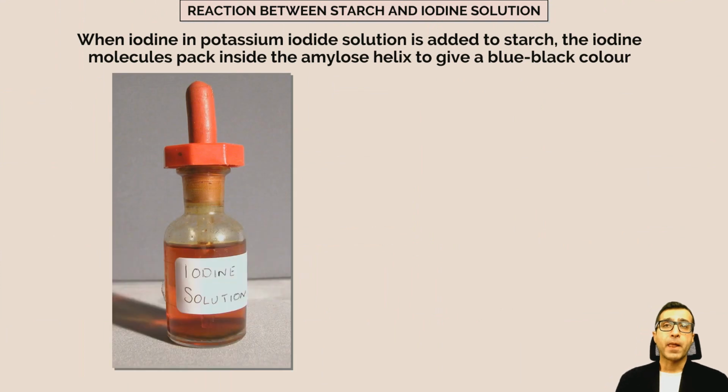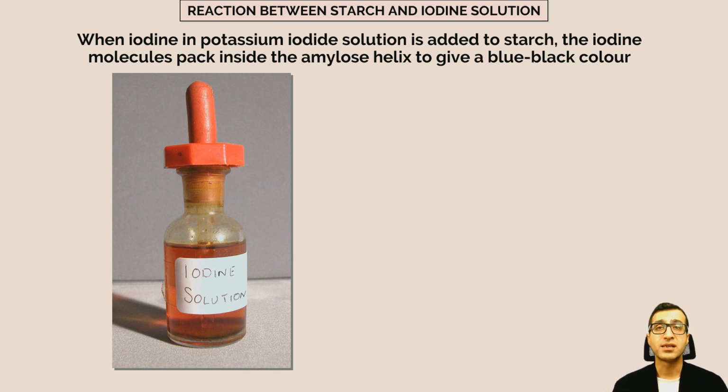So another food test that you need to be familiar with in this context of carbohydrates is the test for starch. The iodine test for starch is something that you may have come across in GCSE biology.